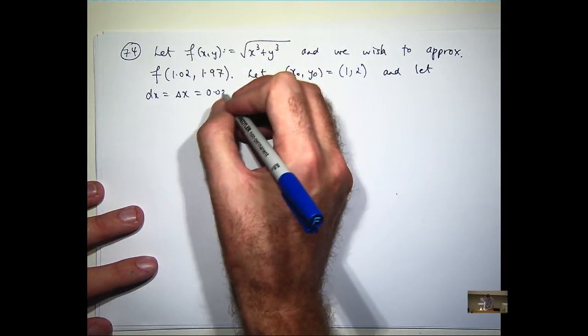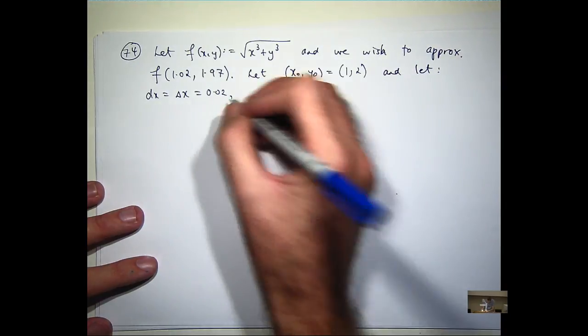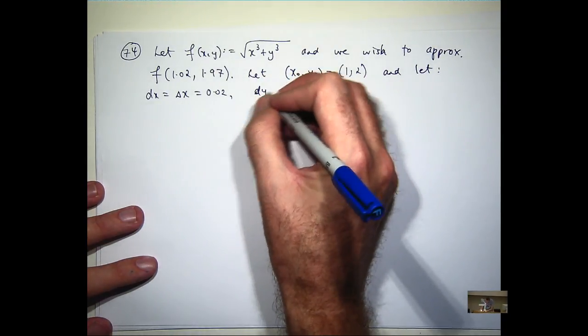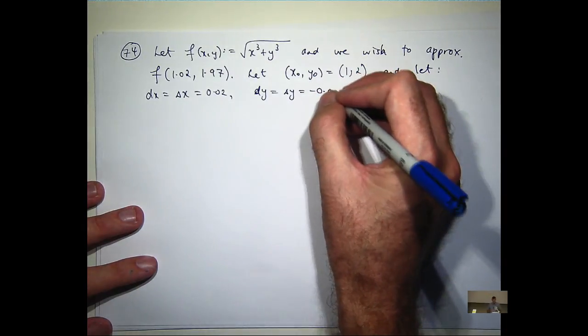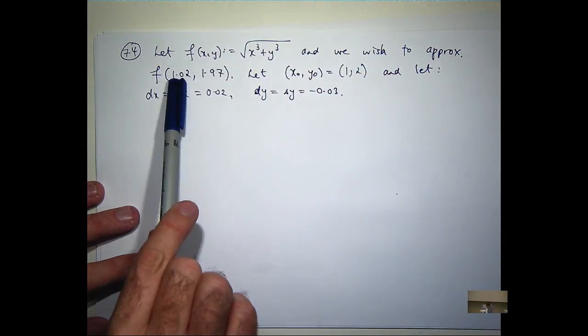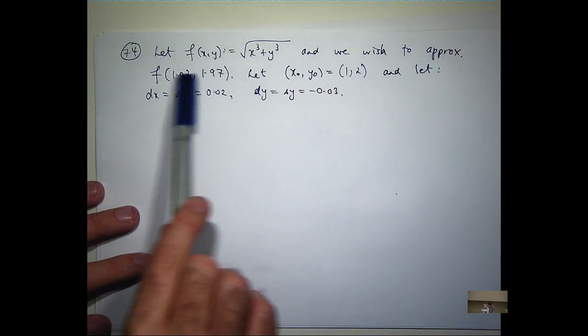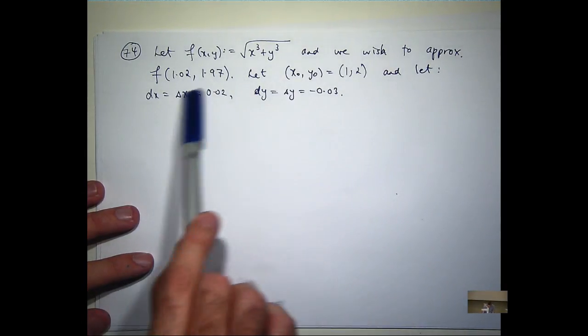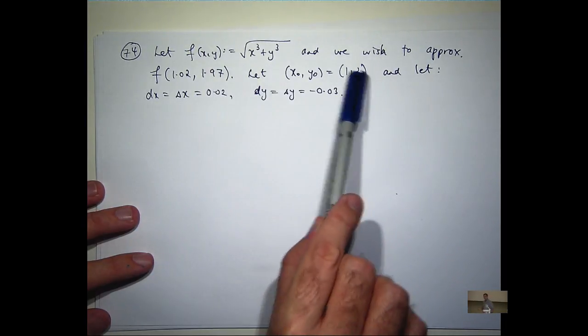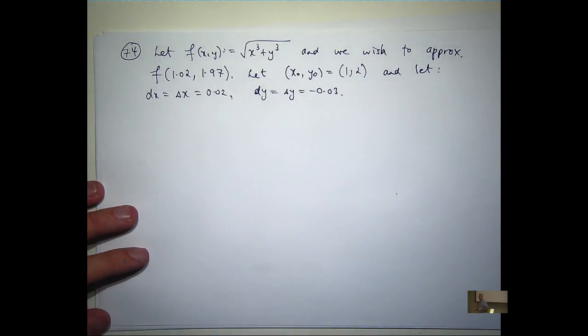Now, you can see that these two values are just x naught plus delta x and y naught plus delta y.